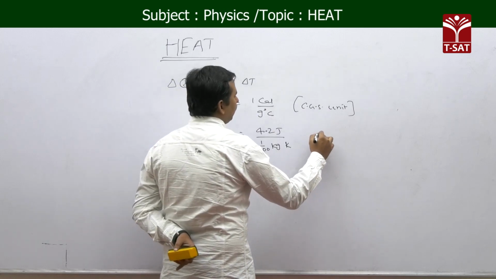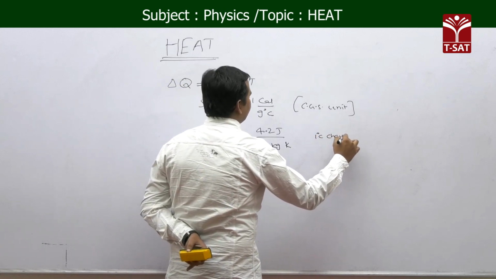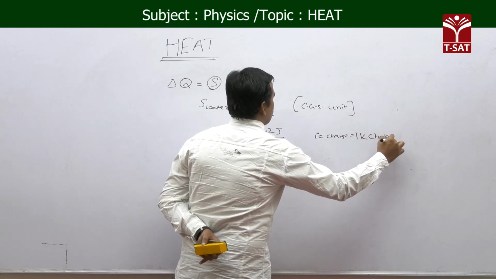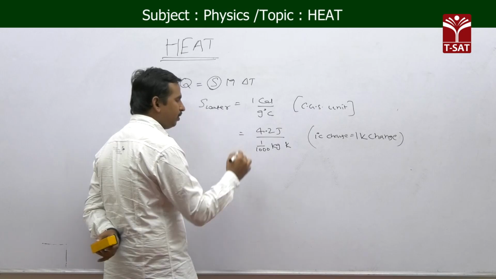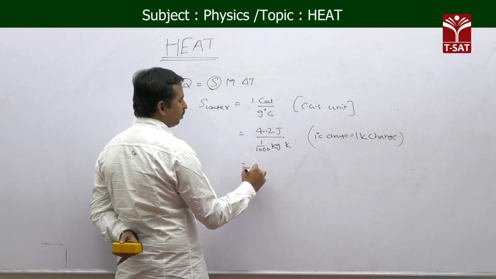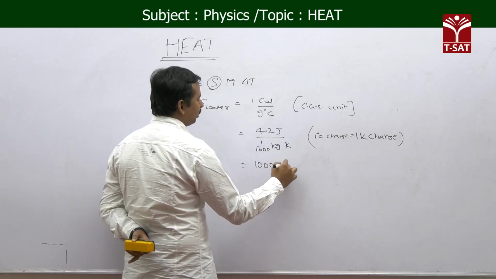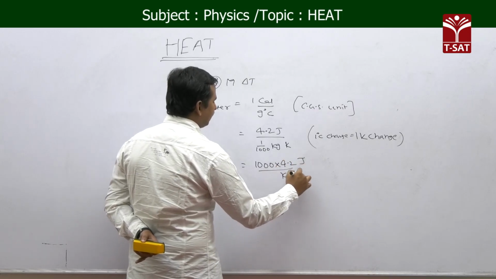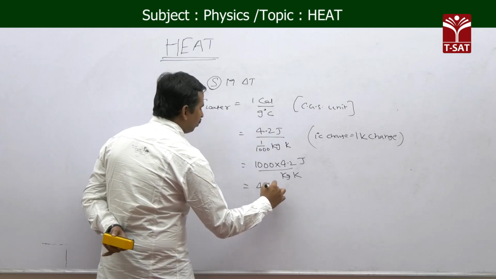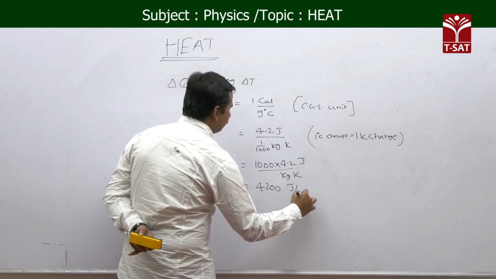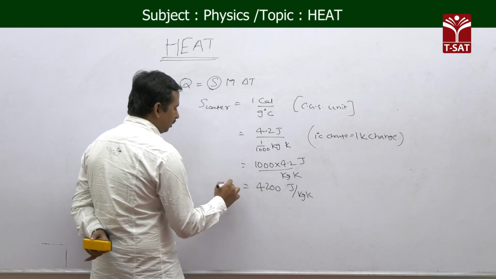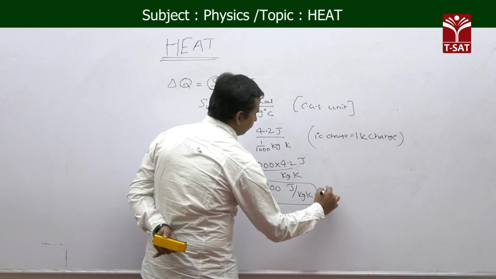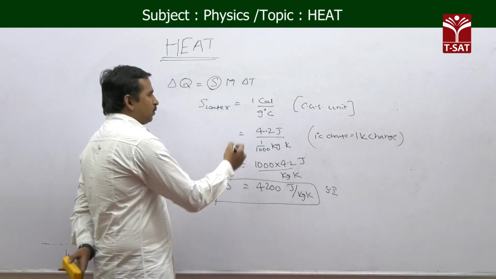Then the 1000 comes to the numerator, and it becomes 1000 into 4.2 joules per kg Kelvin, which is equal to 4200 joule per kg Kelvin. This is the specific heat of water in the SI system, and that was for the CGS system.